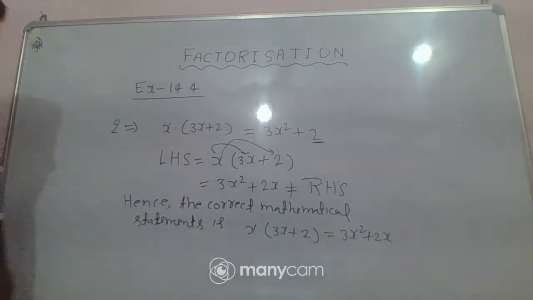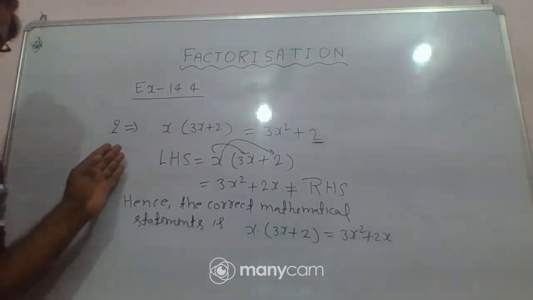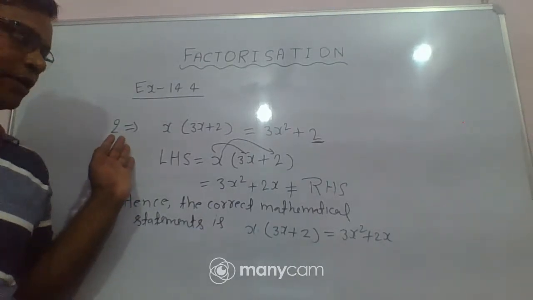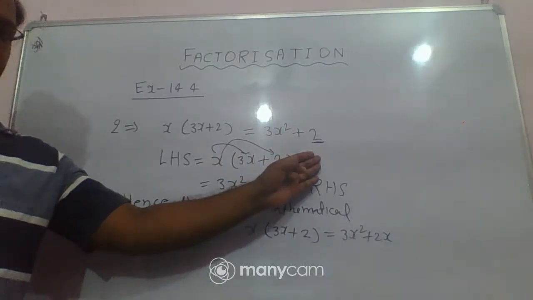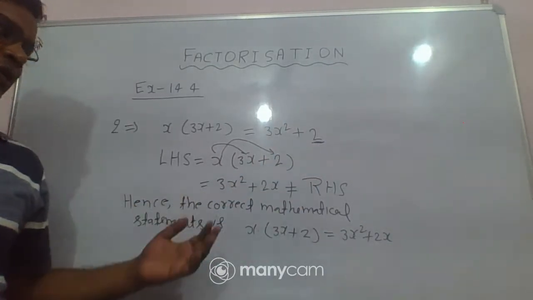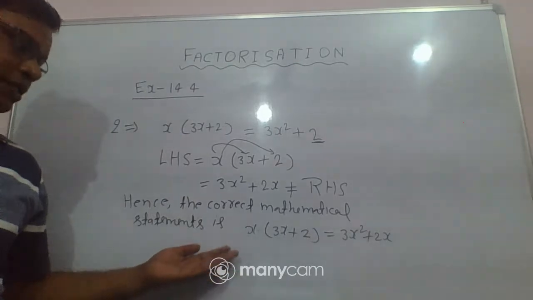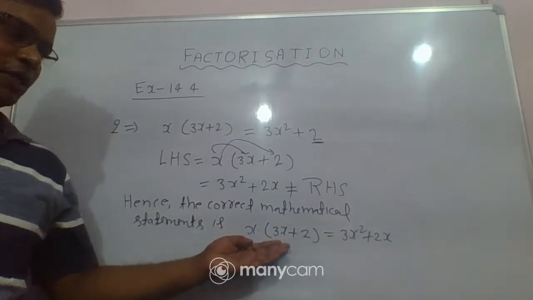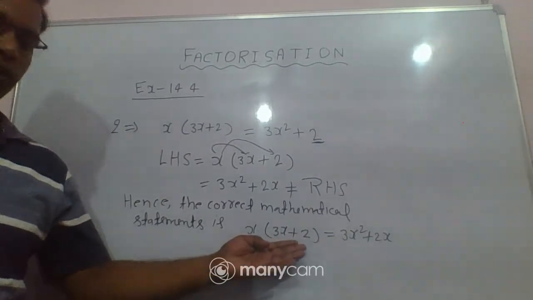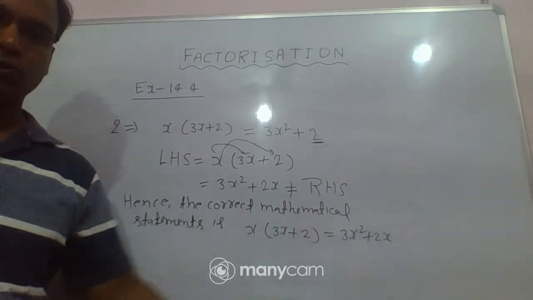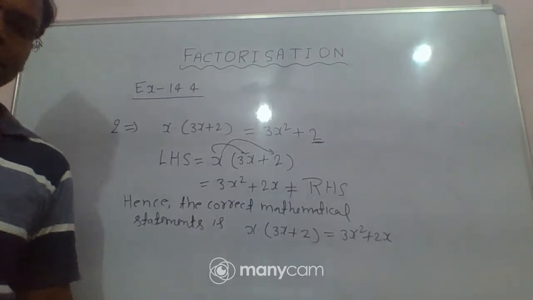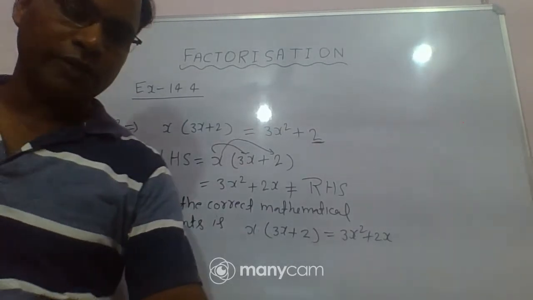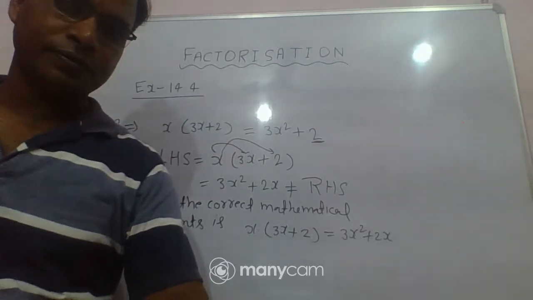So in this way we solve the second question and find the error. The error is 2, and we also find the correct mathematical statement: x into 3x plus 2 is equal to 3x square plus 2x.